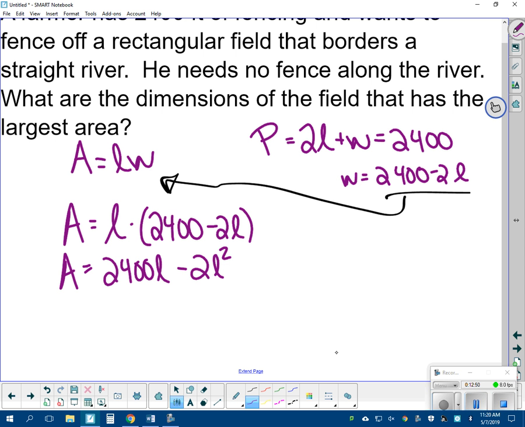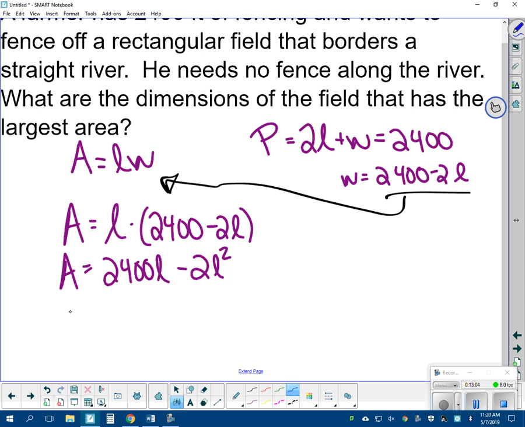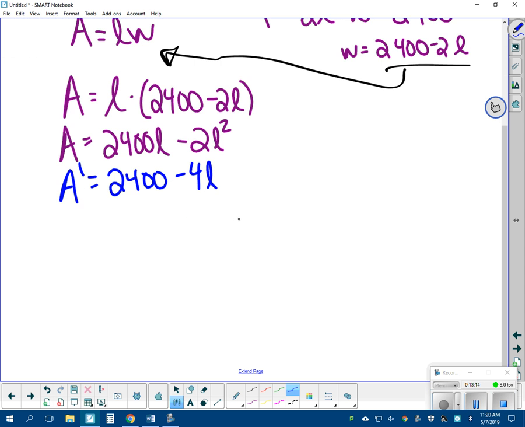Then what? Take the derivative. So just like related rates, your next step is to take the derivative. A prime equals 2,400 minus 4L. Then what?